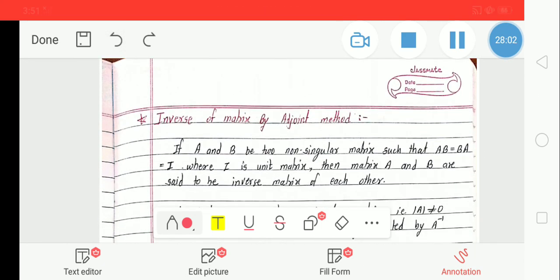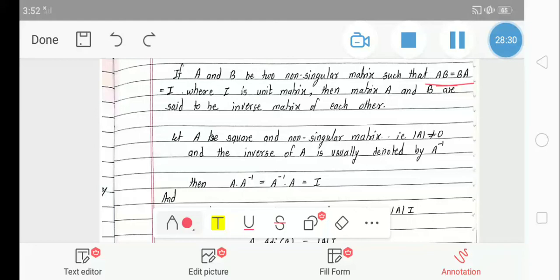Now, the inverse of a matrix by the adjoint method. We have to find the inverse by using the adjoint method. Let A and B be two non-singular square matrices such that AB equals BA equals I, the identity. Here I is a unit matrix. Then matrices A and B are said to be inverses of each other. Here A and B are square and non-singular matrices.